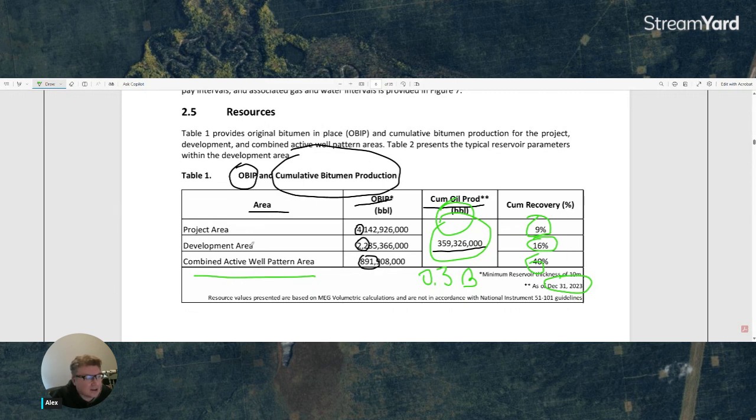But then they can go into the further development area that they have. Soon we will see the map where they're at. So basically what this tells you is that the company is not running out of reserves anytime soon, which is a big positive, right, for them.